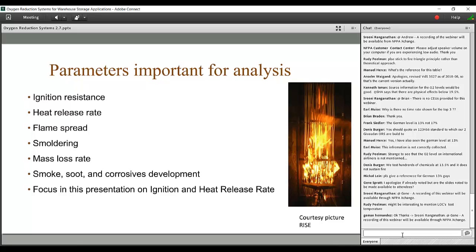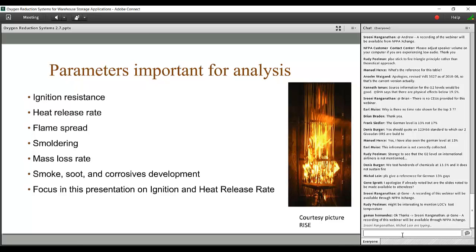You can see on the picture on the right a cable tray where fire is propagating, which is somehow a combination of the heat released and the possibility of ignition, but of course the flame spread also includes a lot of geometrical factors. One is very simply the orientation, vertical or horizontal. It makes a big difference.